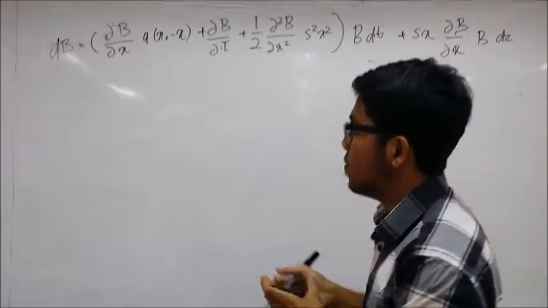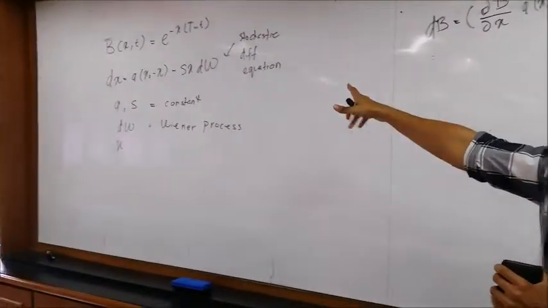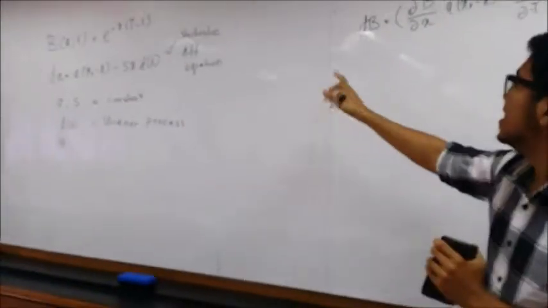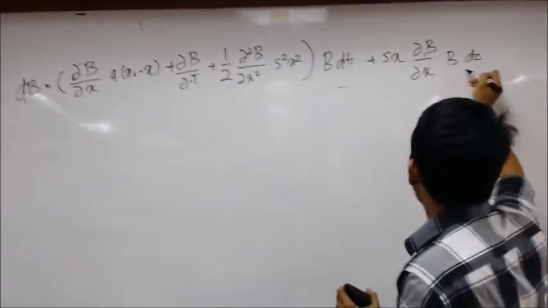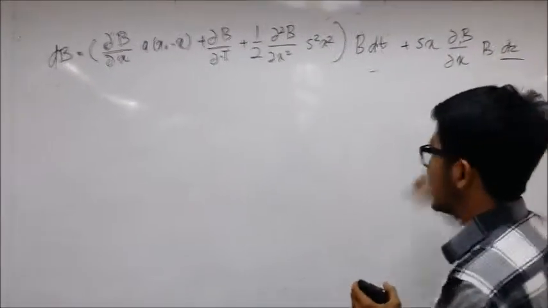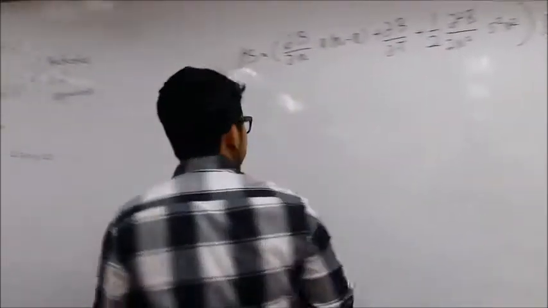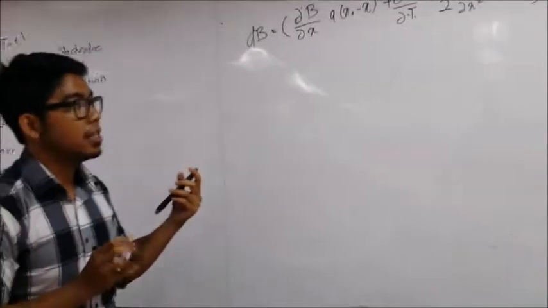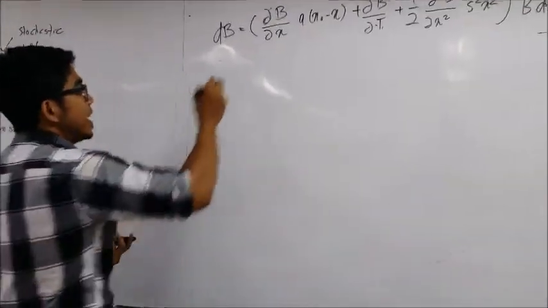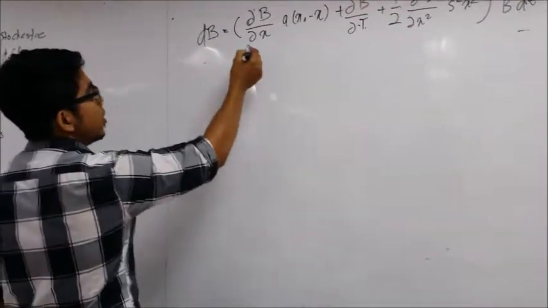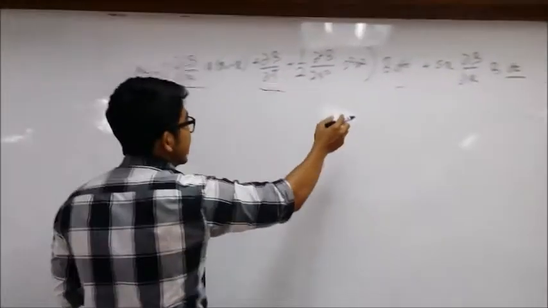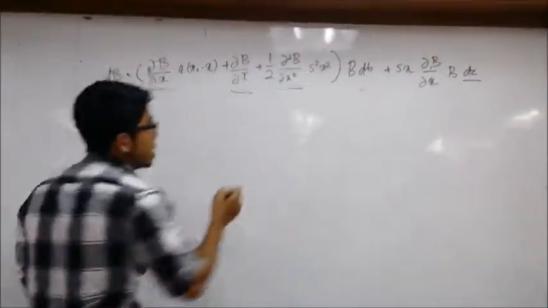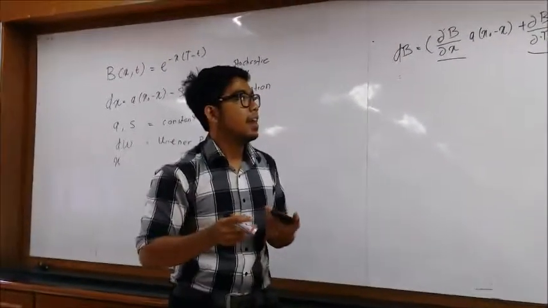Okay, from the stochastic differential equation, we can write the bond price by that formula, and this is the Wiener process. So in this process, we must find the derivative of B with respect to x, the derivative of B with respect to t, and then the second derivative of B with respect to x.